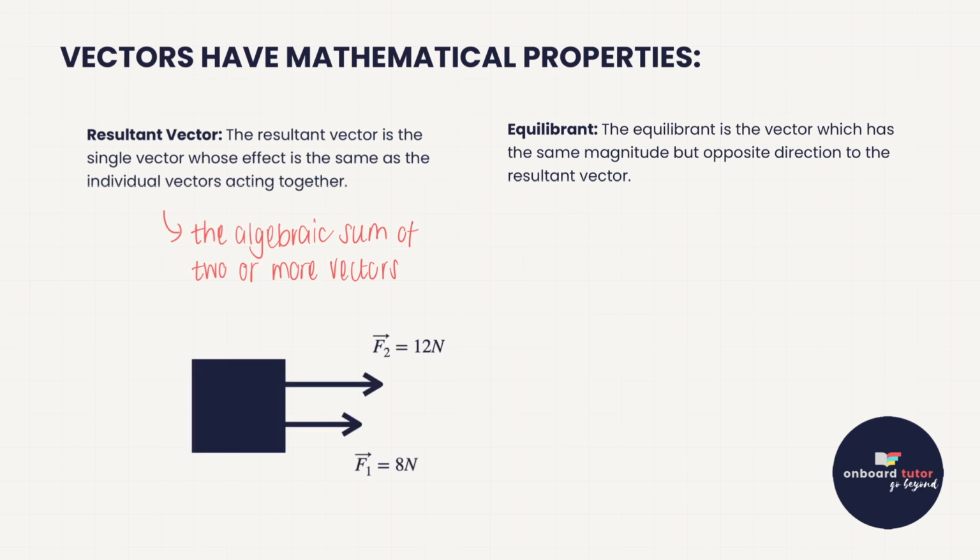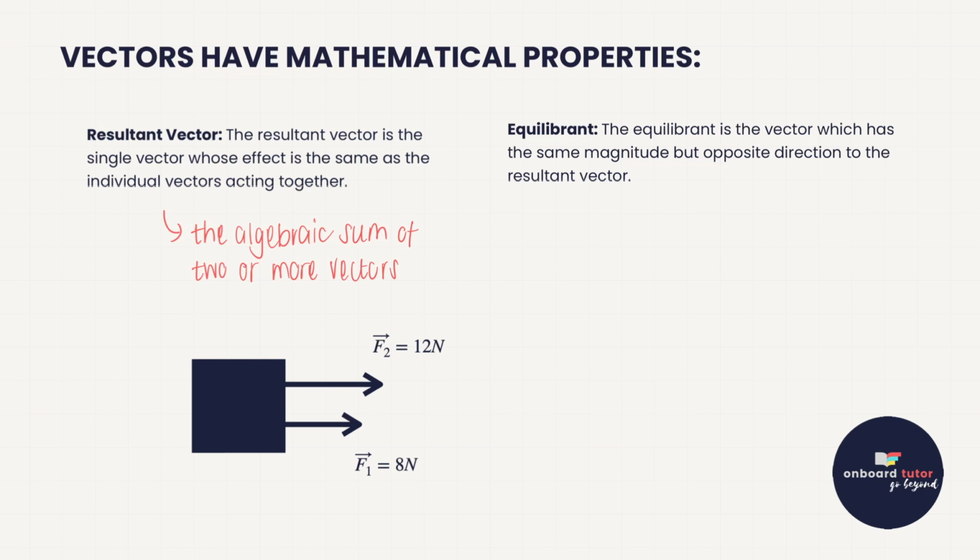We can use this next scenario to really illustrate the concept of resultant vectors. So we can see here that we have a block, and let us imagine that we have two friends and they are each pulling or pushing with a specific force.